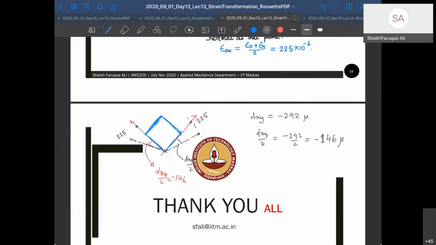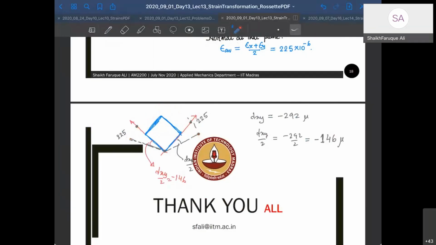I have to draw one line that is parallel to this and another line that is parallel to that, and that's not going to be easy for me to do. So something like this and that.